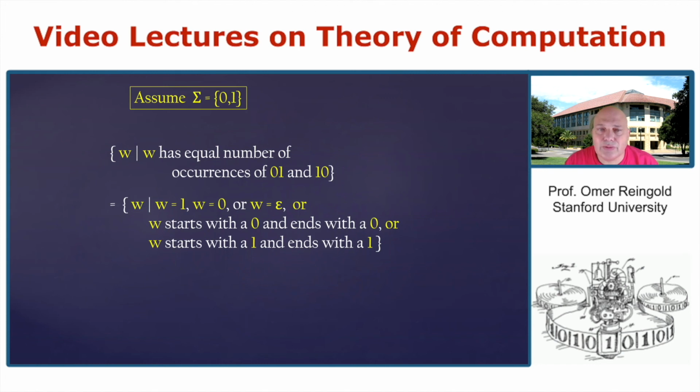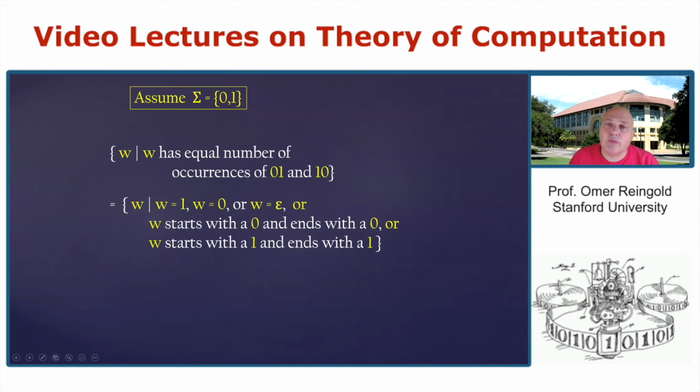So what strings have the same occurrences of 01 and 10? First, these are strings of length at most 1, because strings of length at most 1 have 0 occurrences of 01 and 0 occurrences of 10. So W equals 1, W equals 0, or W is empty.